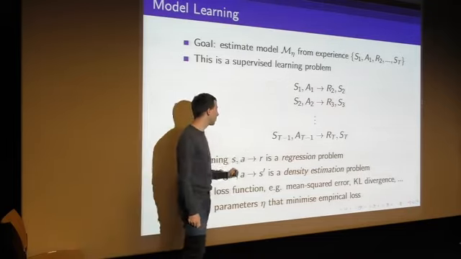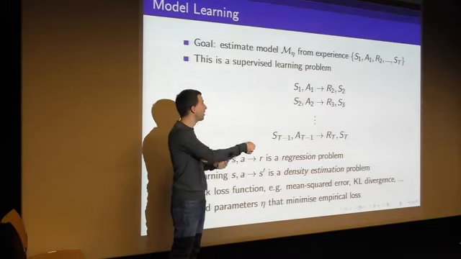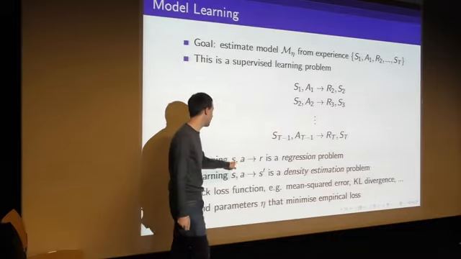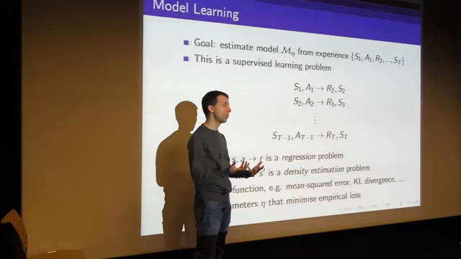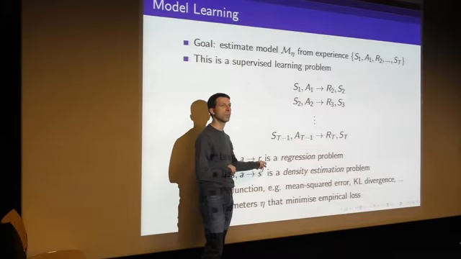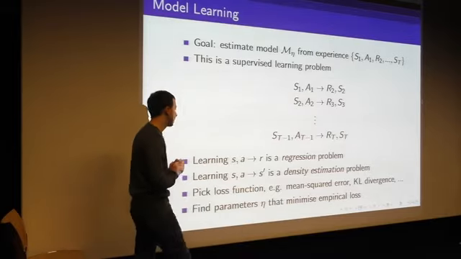To learn the reward function, we're trying to learn how much reward I will get in expectation from taking some action A in some state S. That's a regression problem. The input to our regression problem is a state and action pair, and we're trying to estimate how much reward we'll get. We use all of these as examples to train this regression problem.